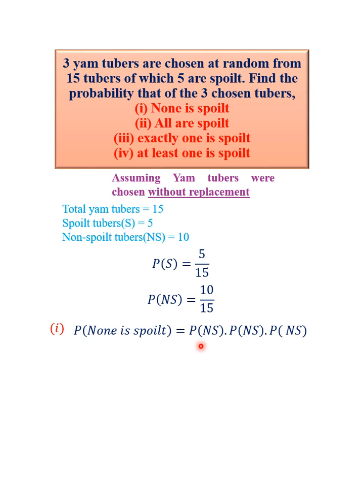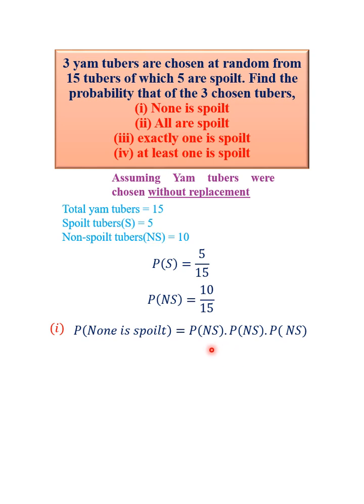It is only when the 3 tubers that were chosen are not spoiled that we can say it is correct for the probability of none of the tubers is spoiled. So for none of the tubers to be spoiled, it means each of the tubers picked must not be spoiled. That's why we are picking the probability of not spoiled for the first one, not spoiled for the second one, and not spoiled for the third one.